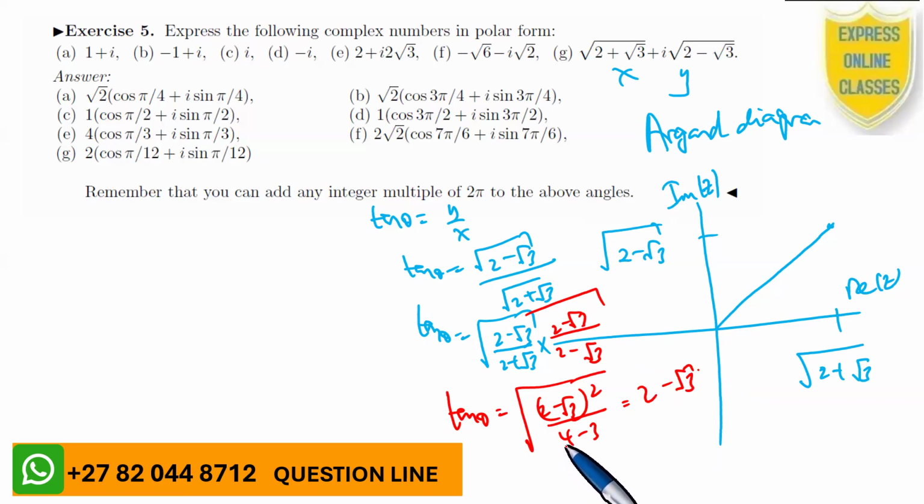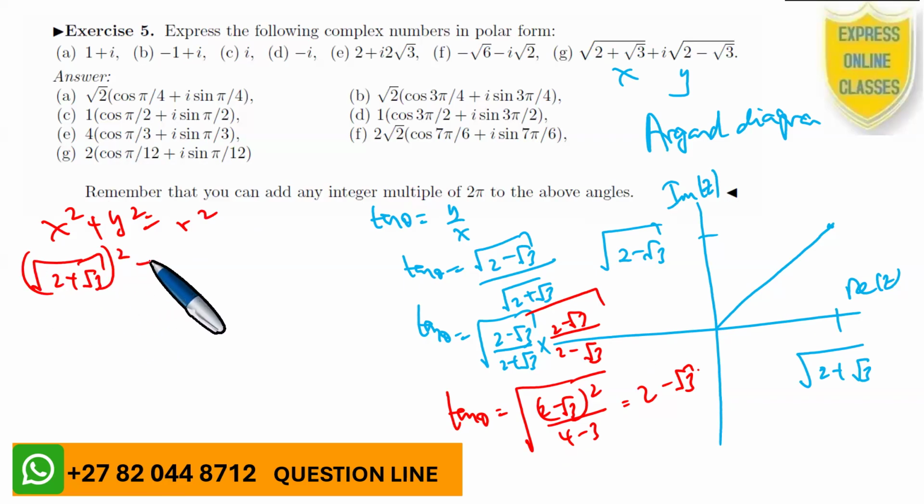Right, what is the angle? So when you're going to do x squared plus y squared is r squared. The x is the square root, the y is the square root.